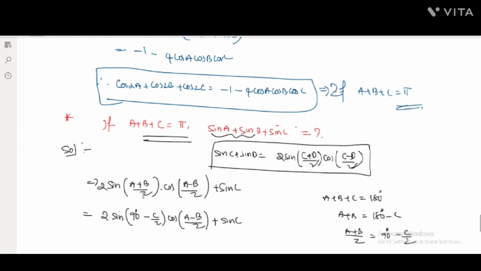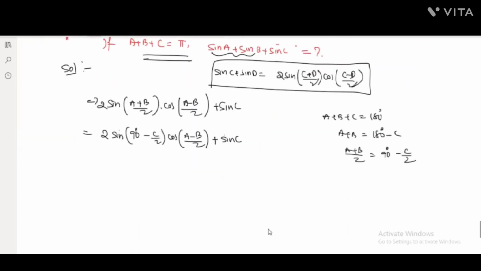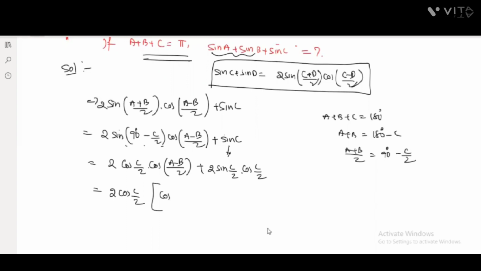Sin (90 minus theta) is cos theta, so we'll get 2 cos c by 2 into cos of (a minus b) by 2, plus, using the half angle formula, sin c is 2 sin c by 2 into cos c by 2. We can take 2 cos c by 2 common, so we'll get cos of (a minus b) by 2 plus cos c by 2.